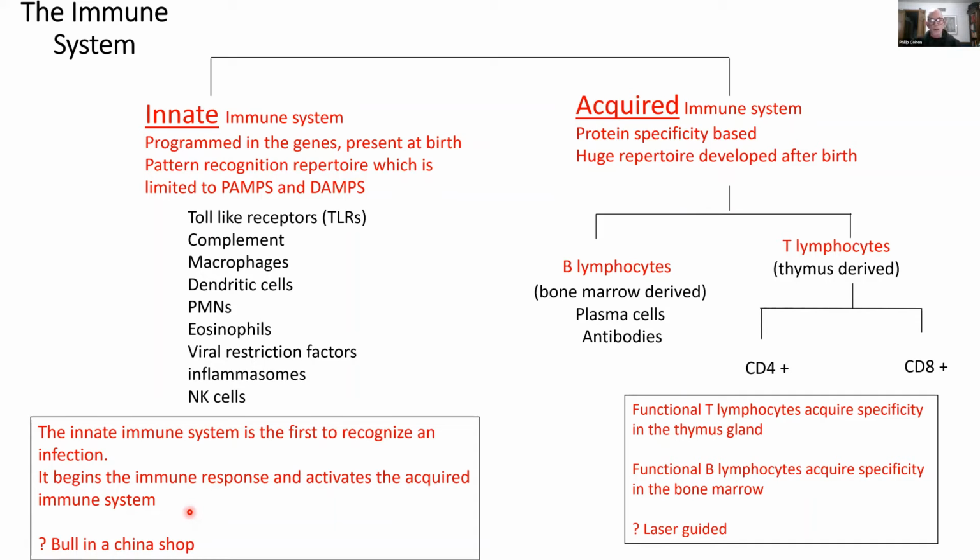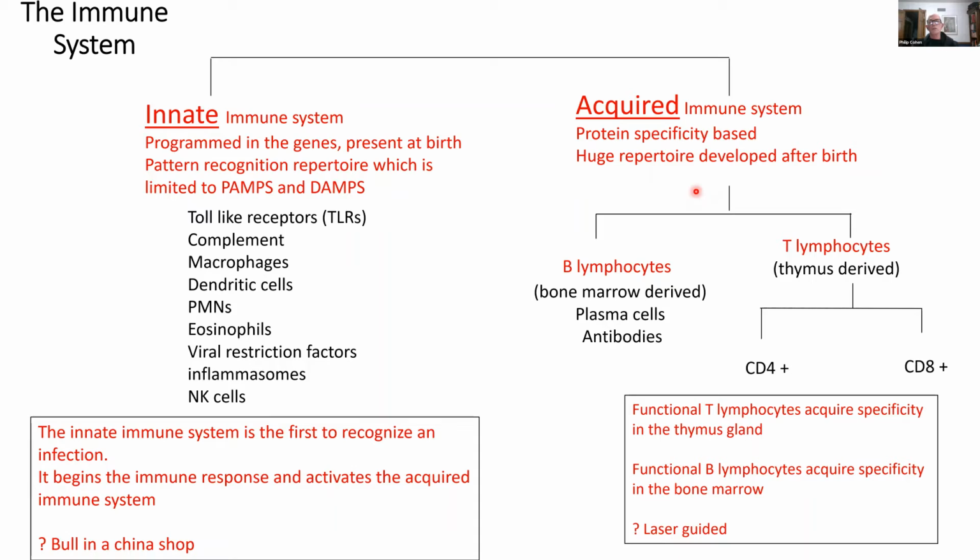If it's managed properly, it can do a lot of good. If it's not managed properly, it can do a lot of damage. And then what we acquire after birth is an immune system with a huge repertoire, maybe of the order of 10 to the 8th possible unique species. I don't know what the number is, but it's some very large power of 10.